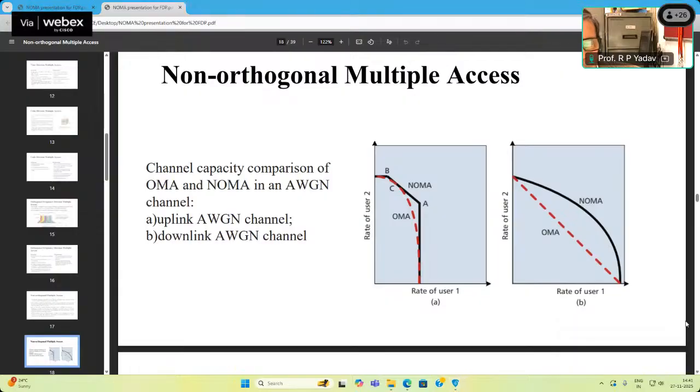If you compare orthogonal and non-orthogonal and plot on the x-axis the speed that can be achieved through OMA or through NOMA, the speed can be almost 100% or 200% more than what can be achieved through OMA. It can go up to 8 Gbps.